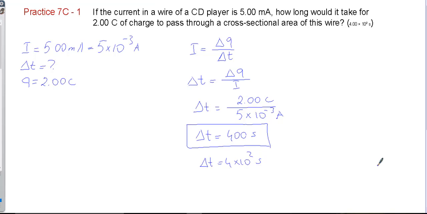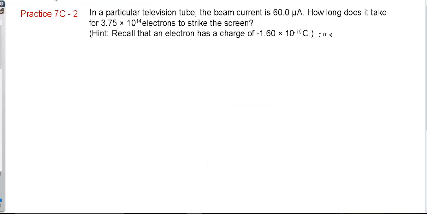Okay, second question. In a particular TV tube, the beam current is 60 microampere. I is given. It is equal to 60 microampere, and it's equal to 60 times 10 to the power of minus 6 ampere.